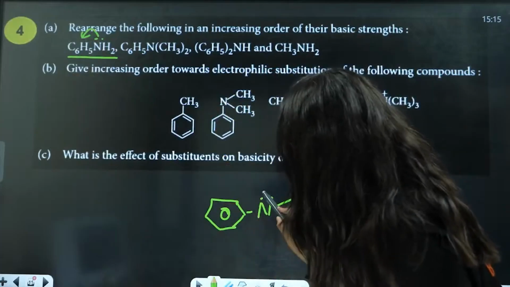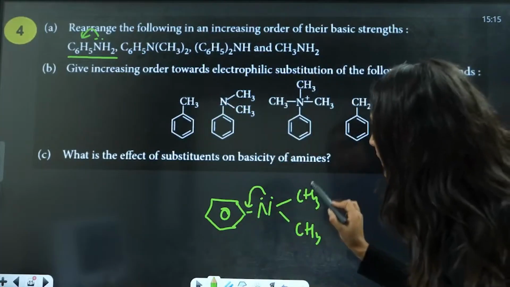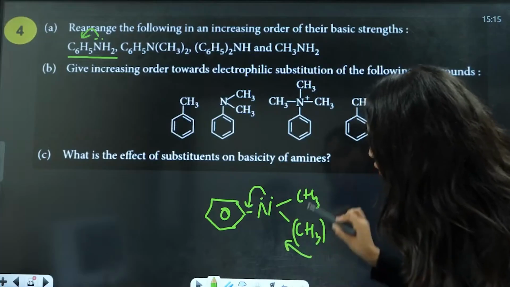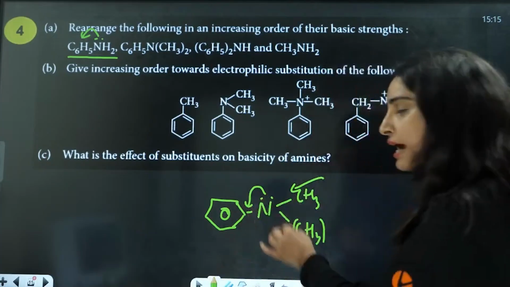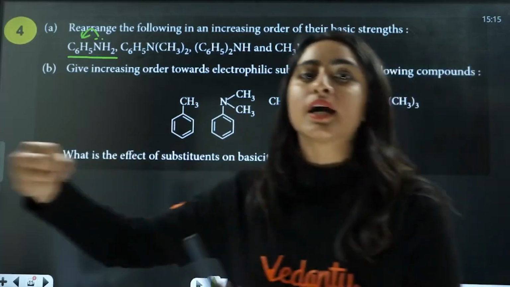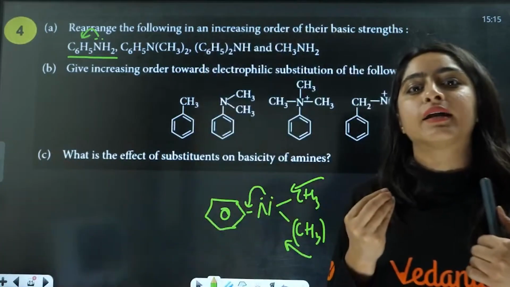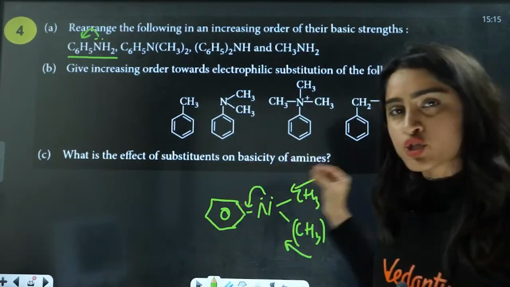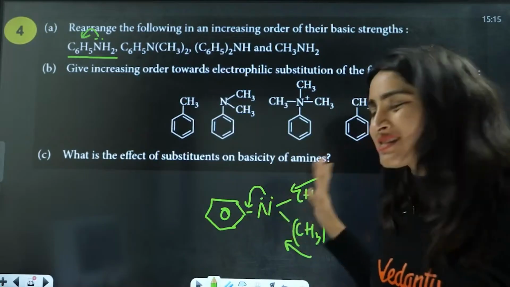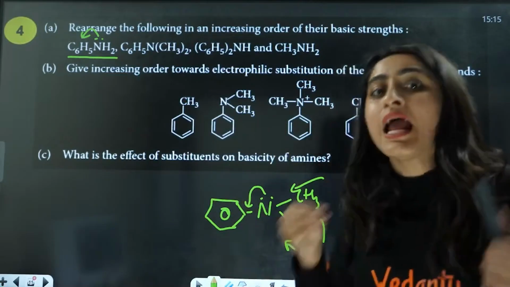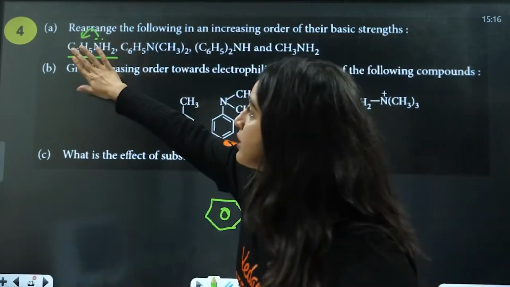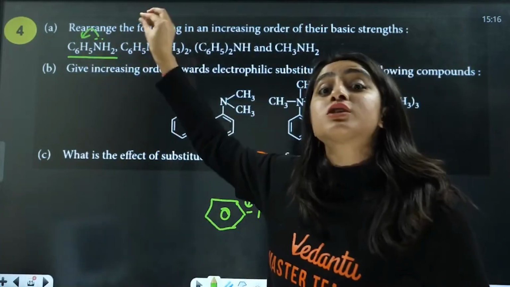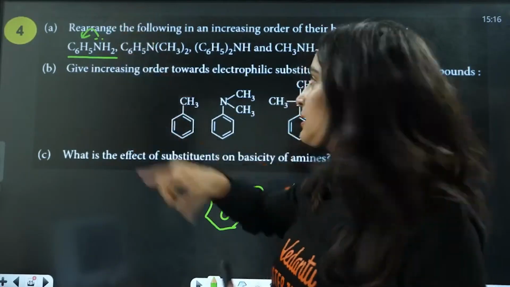Here electrons are also involved in the resonance, but these two groups, due to their inductive effect, are providing electrons to this nitrogen. Somebody is taking away the electrons, somebody is providing the electrons. Resonance is taking away electrons from nitrogen, and inductive effect is providing the electrons. So as compared to this, this will have more basicity because more electrons will be available in this case.